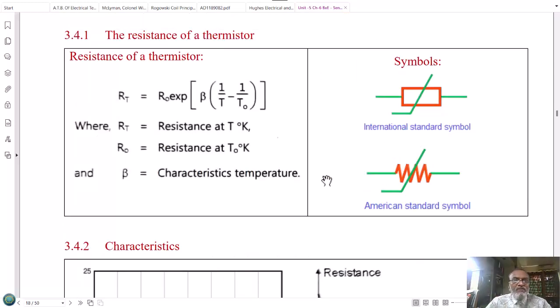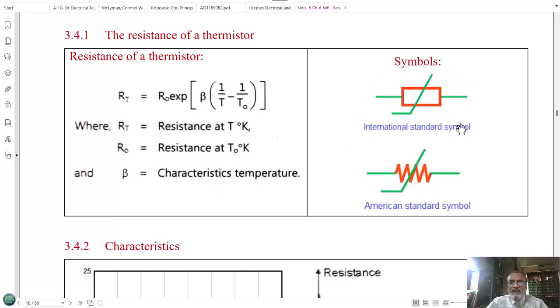The value of the resistance of the thermistor with respect to temperature is given by RT = R0 e^(β(1/T − 1/T0)), where R0 is the resistance at T0 degree Kelvin, RT is the resistance at T degree Kelvin, and β is the coefficient of temperature.